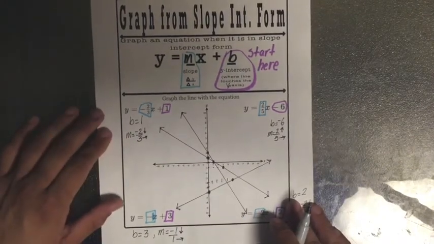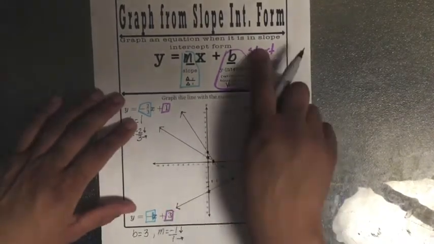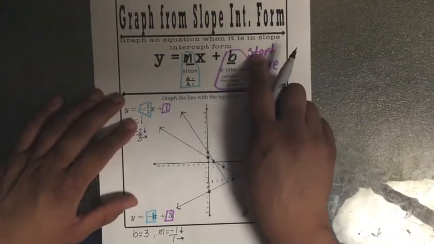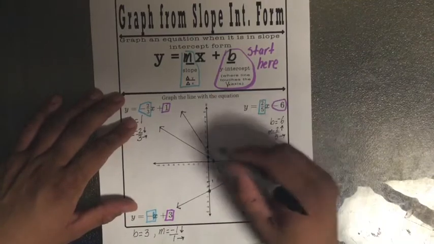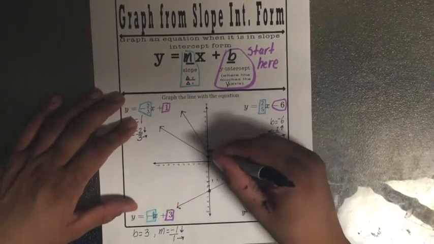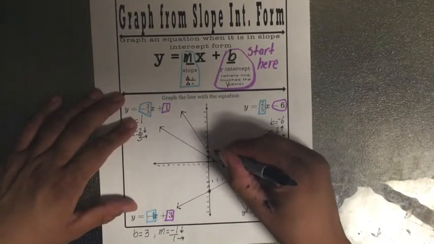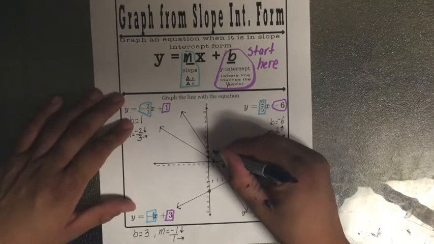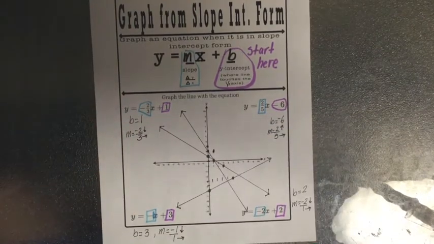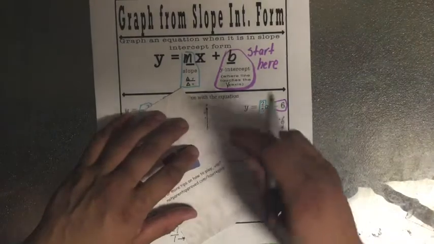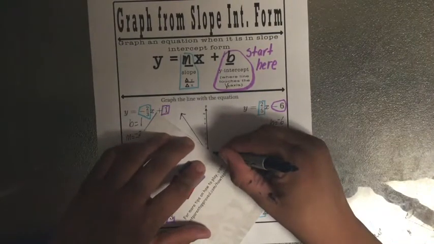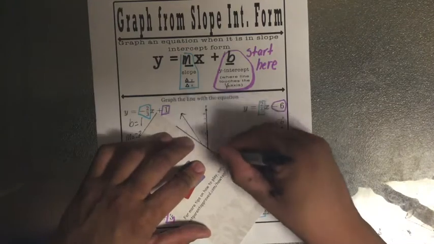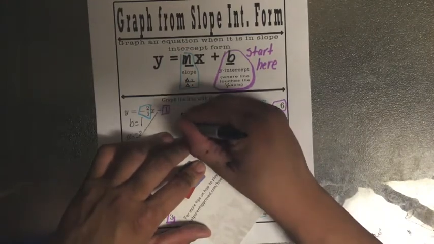So I'm going to go to positive 3, put a point there, and then go down 1 and over 1. That's where my point goes. I take my straight edge and connect.